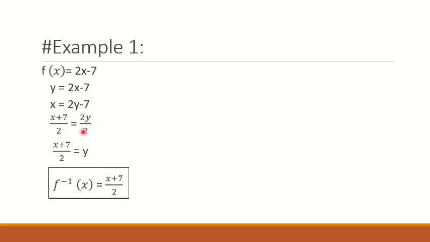So (x plus 7) over 2 equals 2y over 2. So the result is (x plus 7) over 2 equals y. So our final answer will be the inverse function of x equals (x plus 7) over 2.